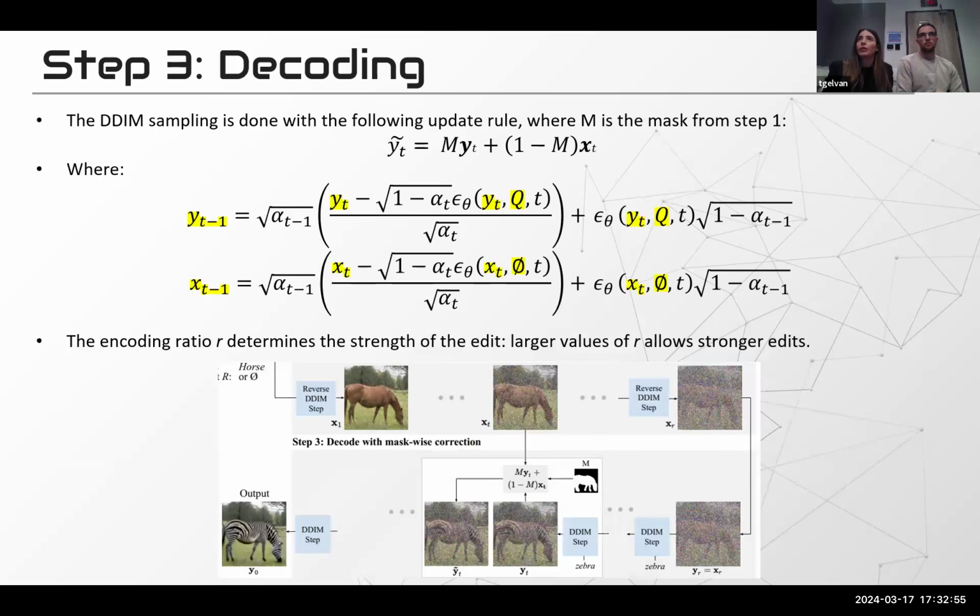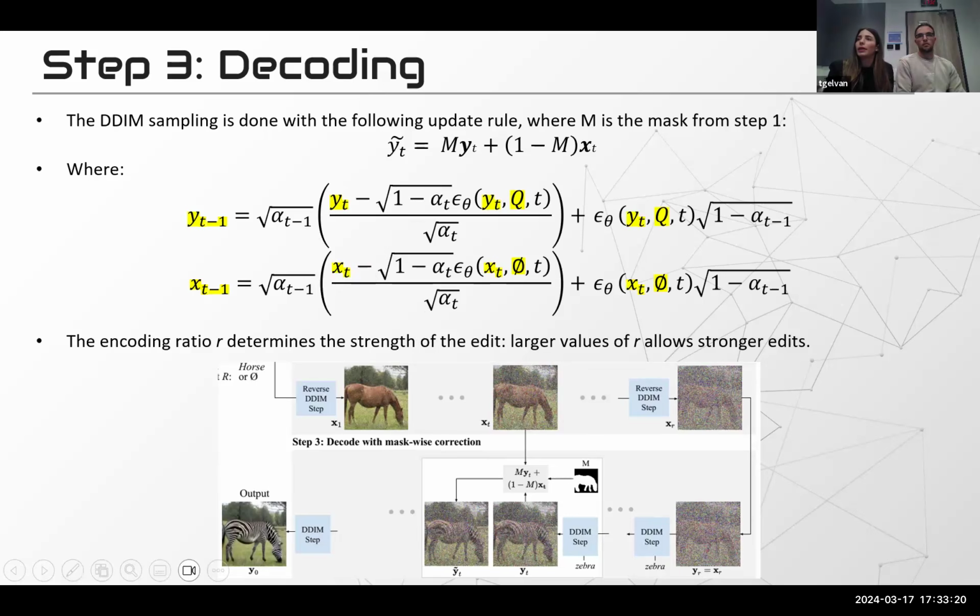Okay, so our third step is the decoder. We are familiar with the DDIM sampling, which is done by this equation of estimating x_{t-1} from x_t. But what is added in here is first we are using a query.